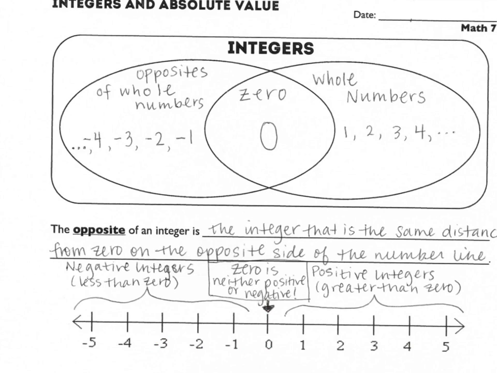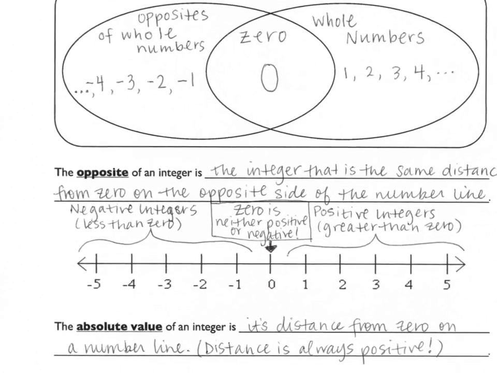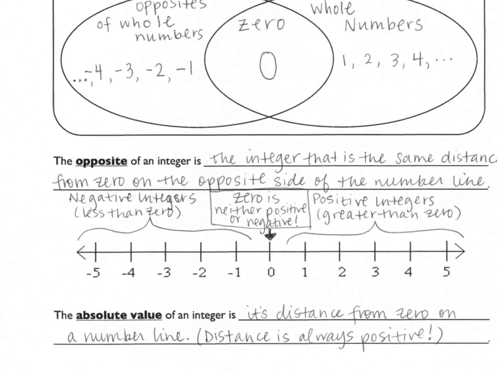So it's going to be -3. If we say -4, what is the opposite of that? The same distance and the opposite direction is going to be +4. So that's pretty straightforward.